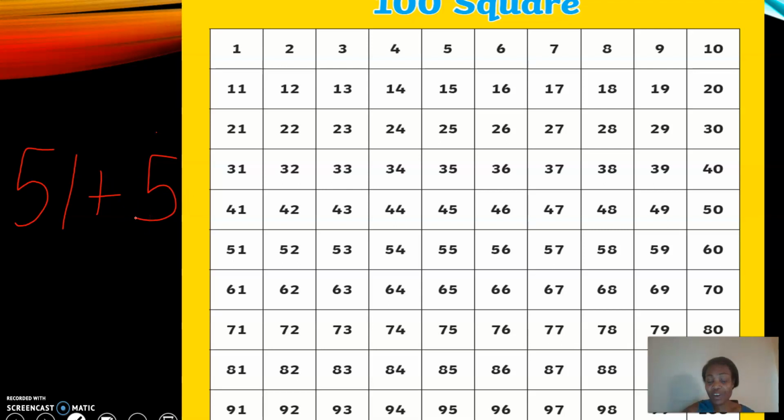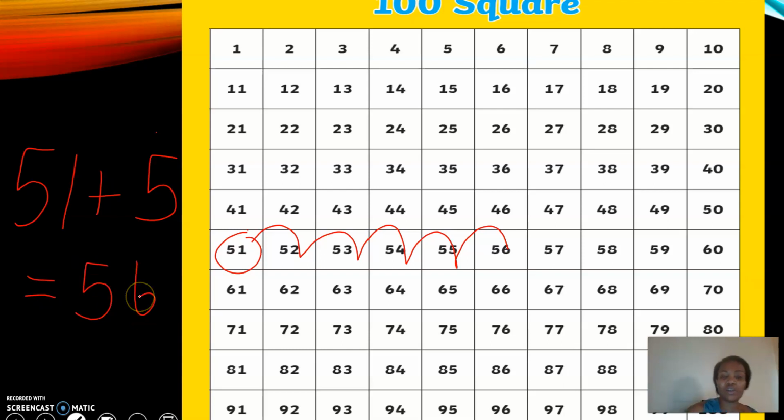Where do we stand first? Exactly, on 51. So here's our 51. We're going to jump how many? 5 spots. So we go 1, 2, 3, 4, and then 5. So our answer is 56. Always remember, when you're counting in the columns, it's in tens.